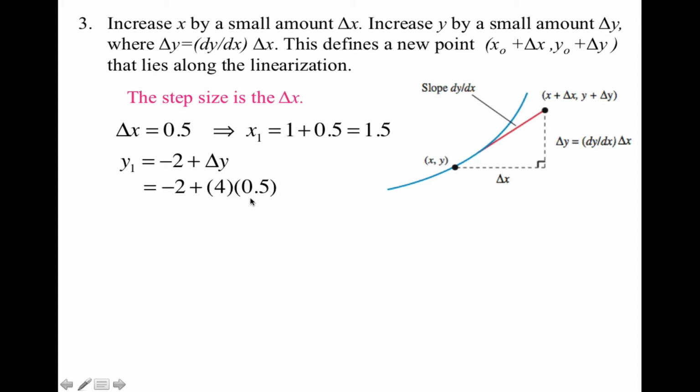To get the change of y, that is my slope at the previous point, which was 4, times my change of x, which is 0.5. After simplifying, my next y value is 0. So my next point is going to be (1.5, 0).